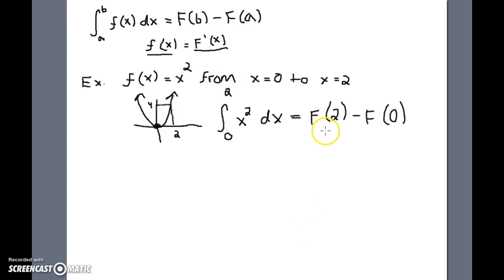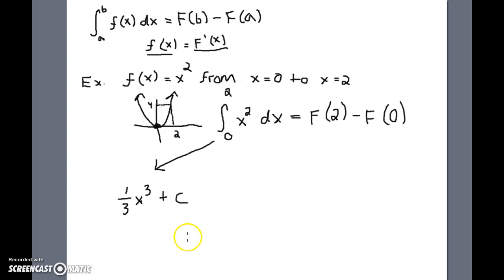Now, in order to find big F, we need to integrate this. So let's just pretend that the 0 and the 2 are not there. Let's just treat this as an indefinite integral. And so when we treat this as an indefinite integral, we come down here and we get 1/3 x cubed. Now, of course, when you're doing the indefinite integral, you need to put the plus c.